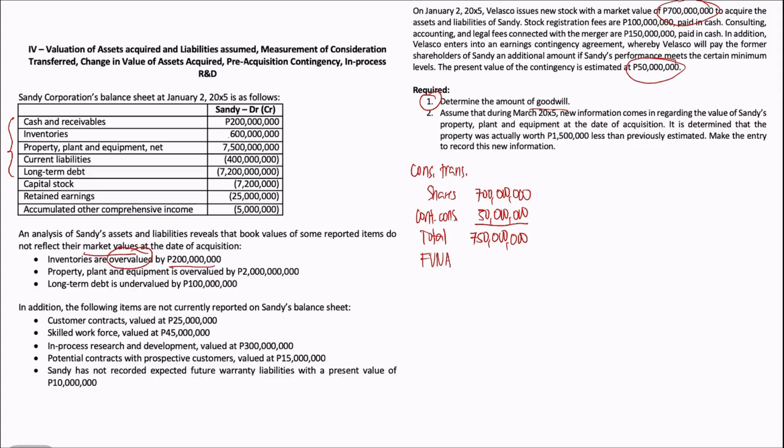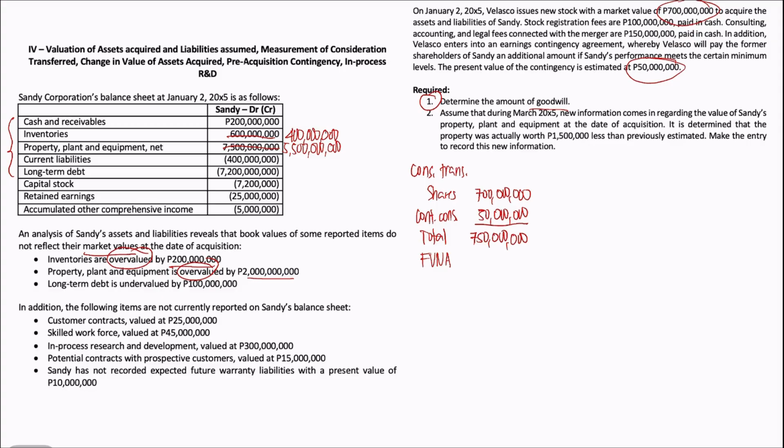Hence, the fair value of inventories is 600 million minus 200 million, that's 400 million. Moreover, PPE is overvalued by 2 billion. Once again, overvalued means that fair value is lower than book value. Hence, PPE fair value is 7.5 billion minus 2 billion, that's 5 billion 500 million.